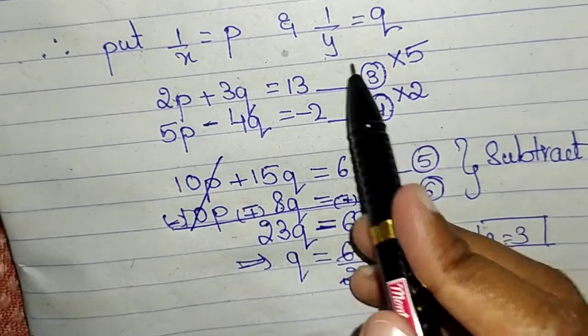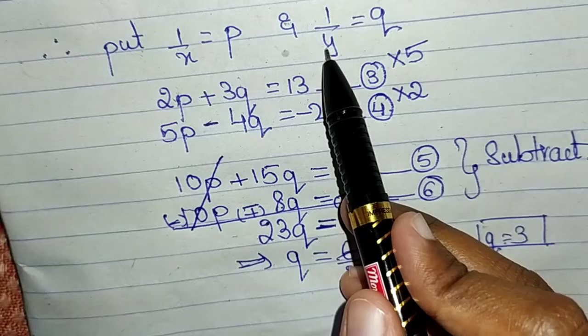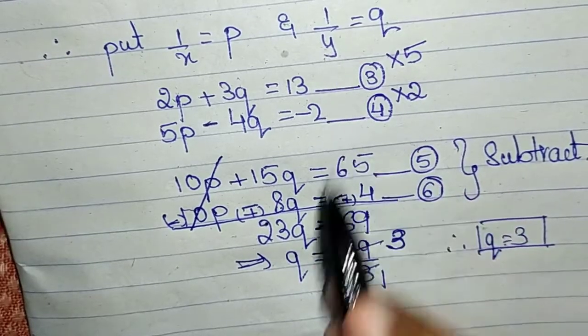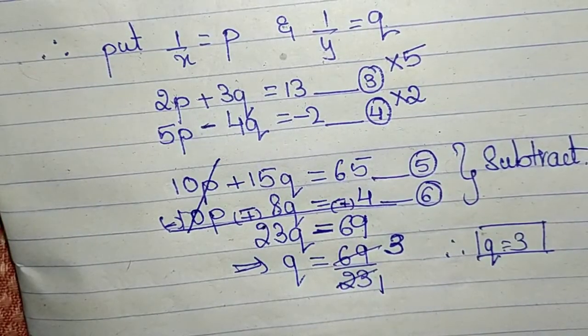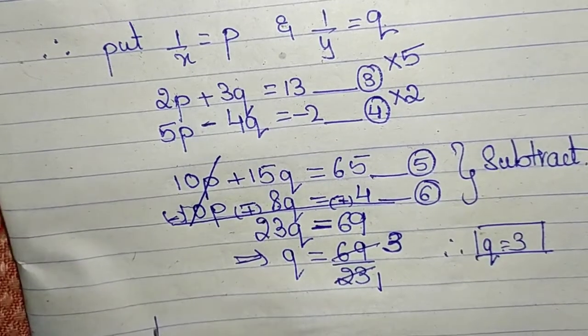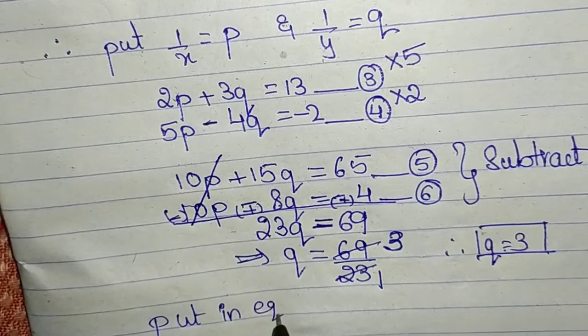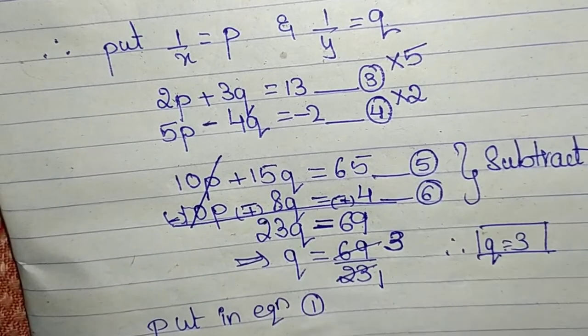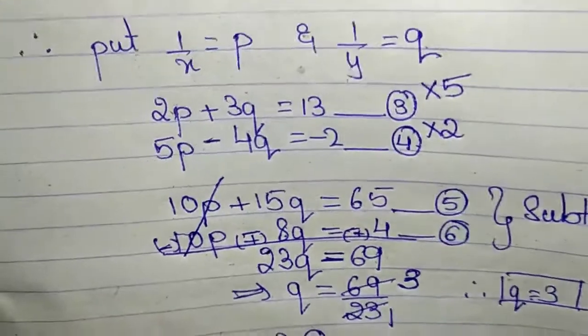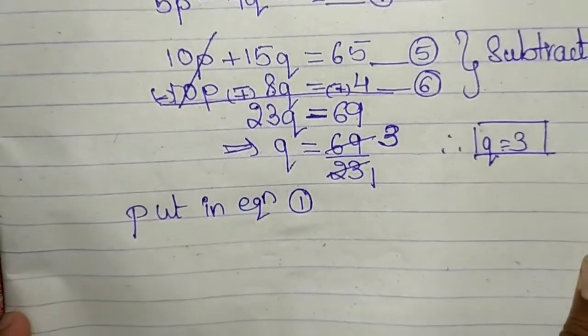From this value of q we can find the value of y. Since q = 3, y will be equal to 1/3. Similarly, to find p, put the value in either of the equations. You can even put this value in equation 2, there is no harm.